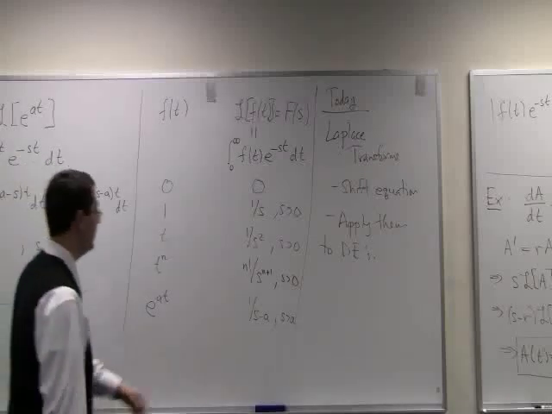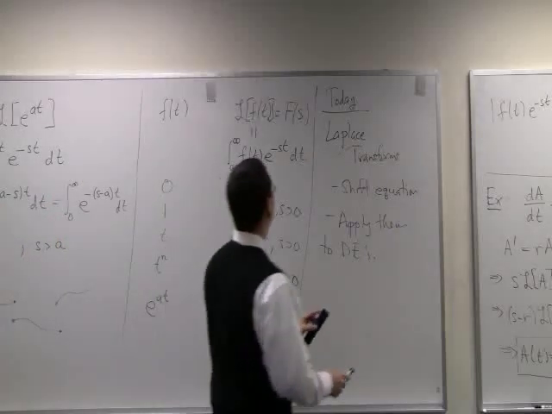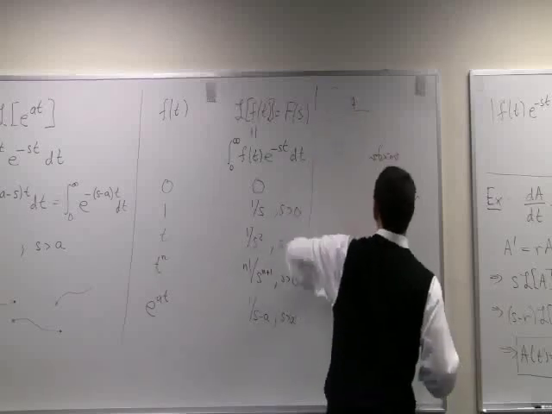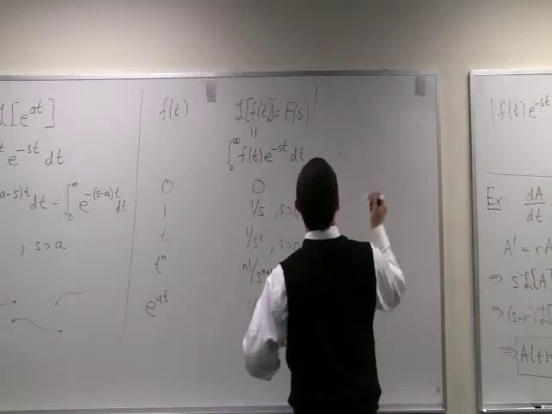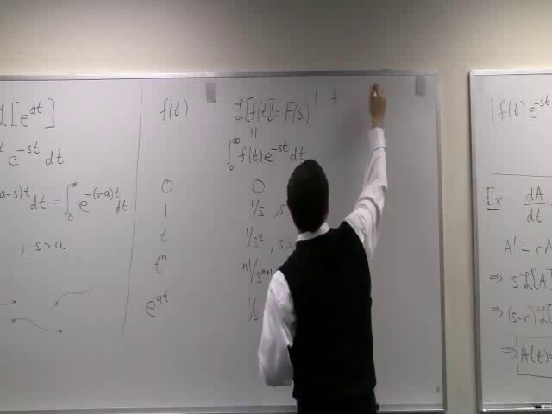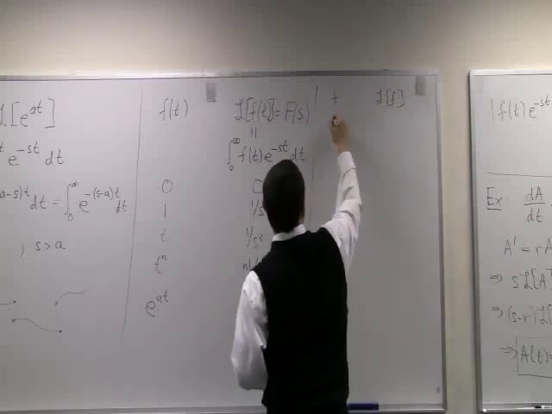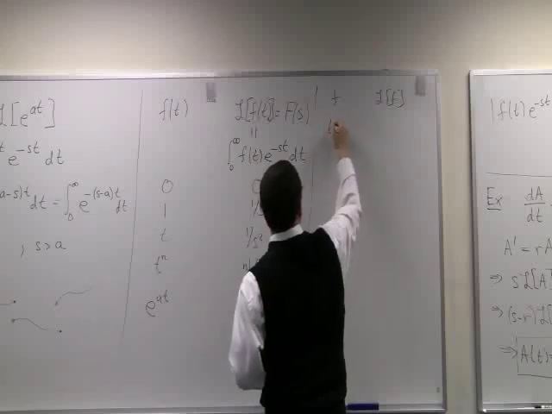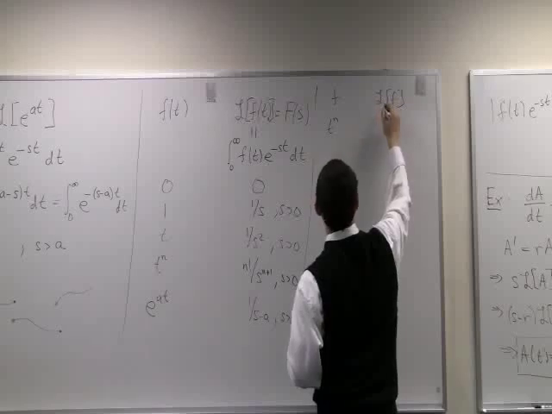Okay, so let me, I hate to take off the chart. Maybe I'll quickly move the chart over. But we don't need everything in there because there's some redundancies. So if you have f, L of f, we know that t to the n becomes, what does t to the n become?